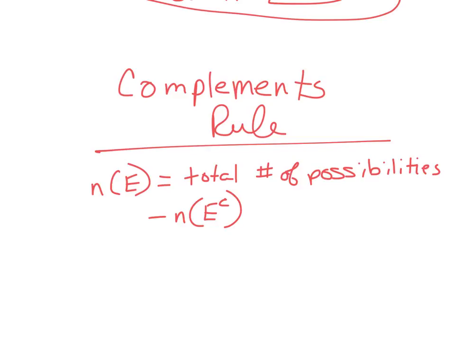The number of ways of not getting a 1 is equal to the total possibilities minus the number of ways I can get a 1, because getting a 1 and not getting a 1 are complements.